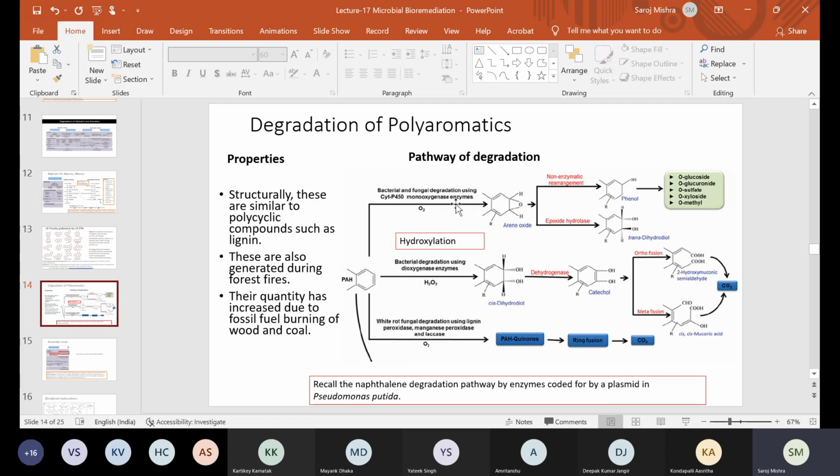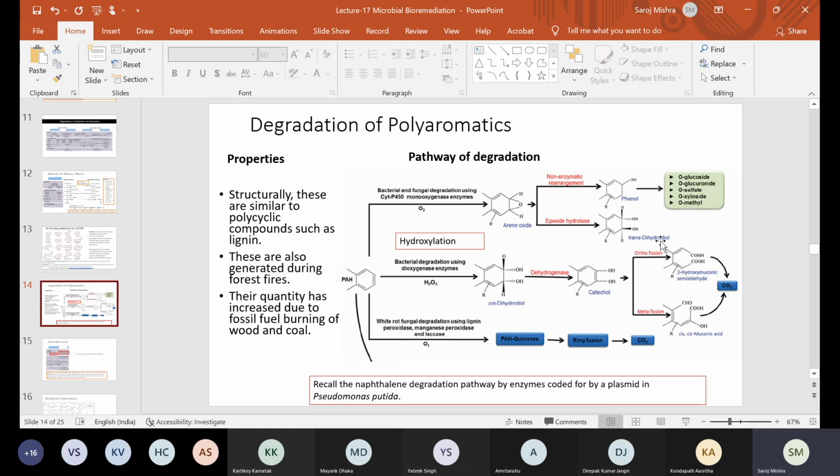As the name suggests, since these are monooxygenases, a single atom of oxygen is added to the hydrocarbon ring, and the resulting molecule is an arene oxide. This can undergo either a non-enzymatic rearrangement to give phenol, or epoxide hydrolysis can act on it, giving rise to molecules like trans-dihydrodiol.